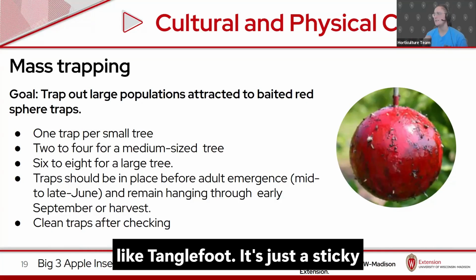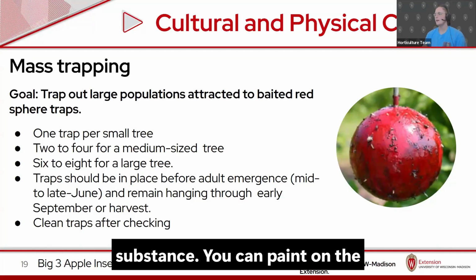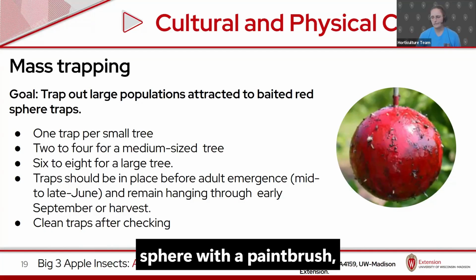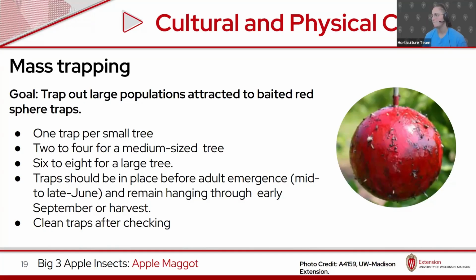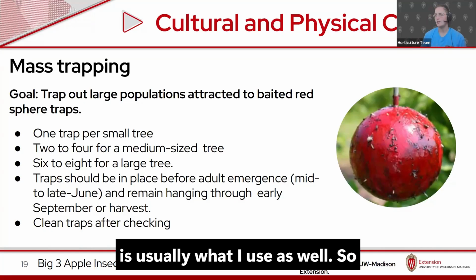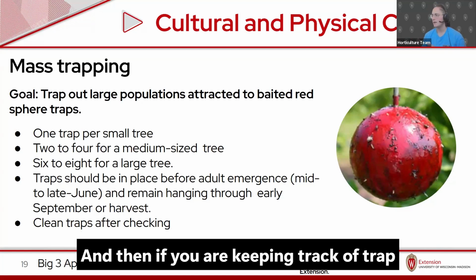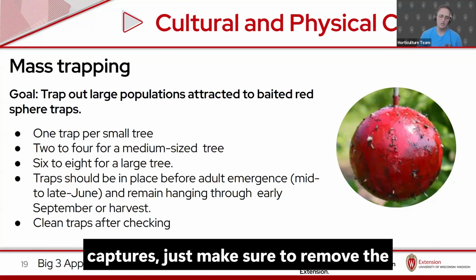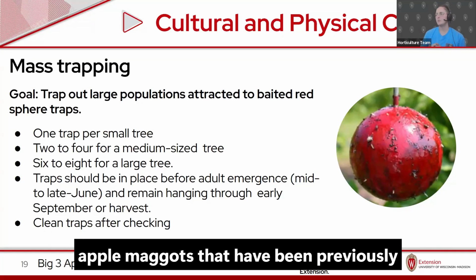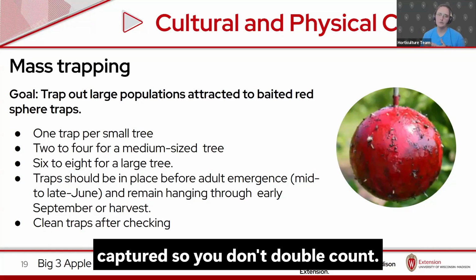It's a sticky substance you can paint on the sphere with a paintbrush, which is usually what I use as well. So usually clean those out every so often. And if you are keeping track of trap captures, make sure to remove the apple maggots that have been previously captured so you don't double count.